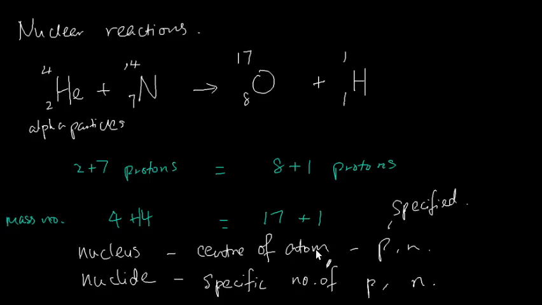Now, I think this description is kind of okay if you're familiar with how to use these terms, but if you're seeing this for the first time, it's probably still a bit abstract. So let me just really clarify this with an example.